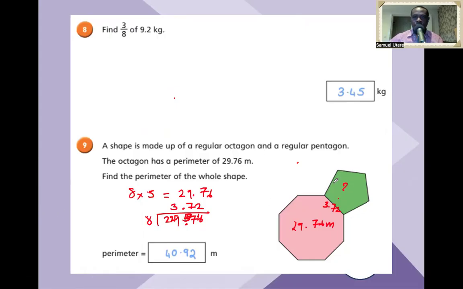So we have 1, 2, 3, 4, 5, 6, 7, 8, 9, 10, 11. So our perimeter will be 3.72, which is the side length, times 11. So 3.72 times 11.